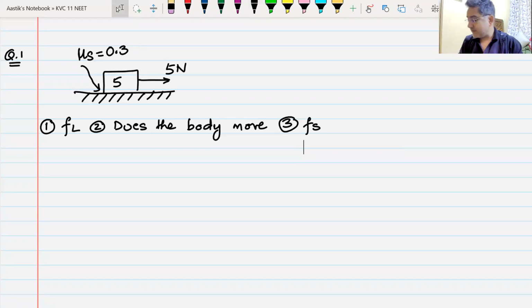The first answer, anyone? What is the value of limiting friction? Anyone got the answer for this?